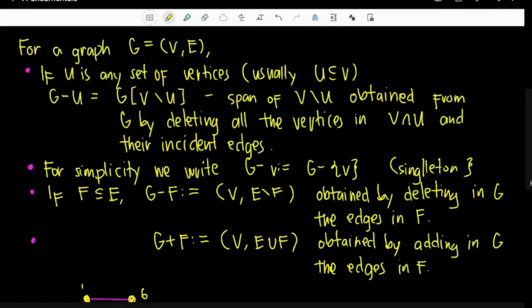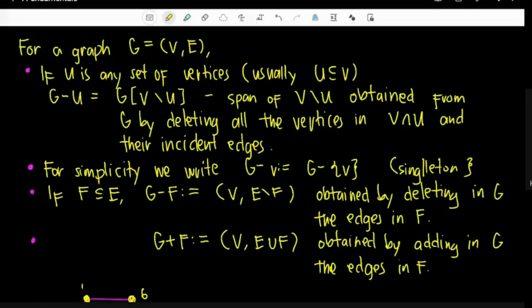So, itong set of vertices, ang nangyayari lang, tinatanggal mo lang yung subgraph ni G na nai-span nung U. So, tatanggalin mo lahat ng subgraph ni G na nai-span ni U. So, yan yung G minus U. Ibig sabihin, lahat ng vertex tsaka lahat ng edges na nakakonect kay U, tatanggalin mo.